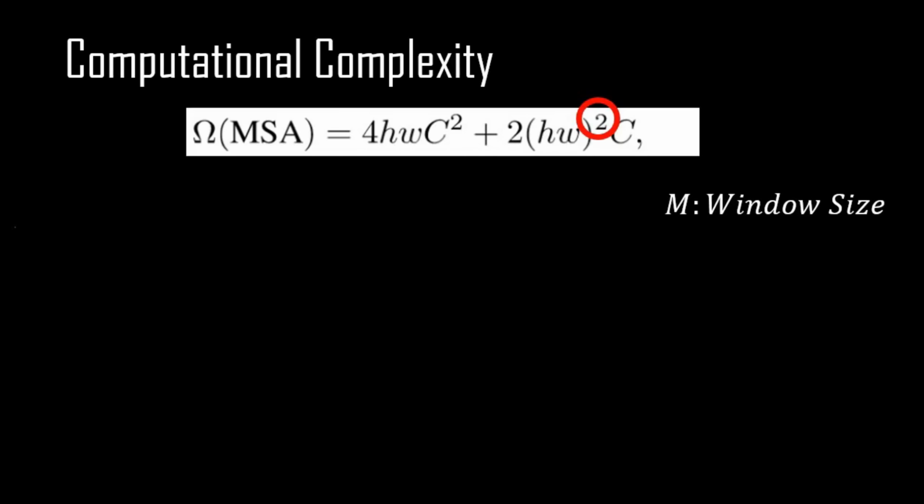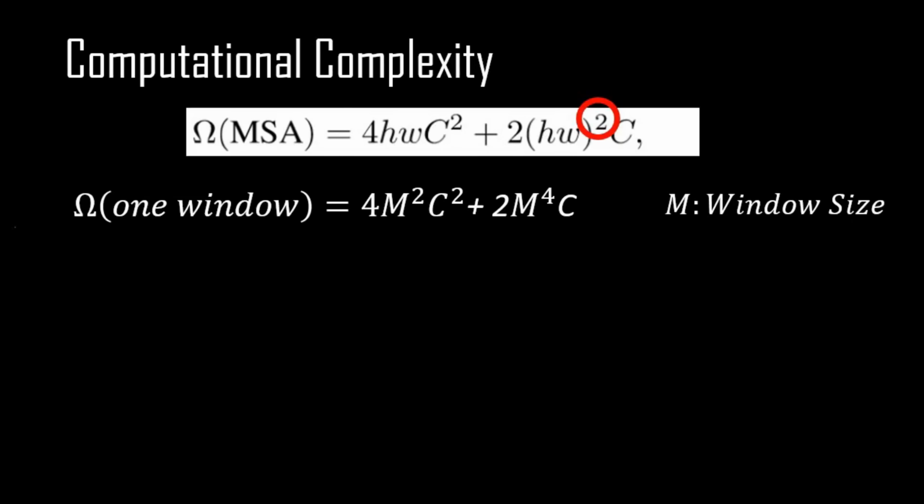In our calculation, let's say our window size is M. For one window, H is M and W is M. So for example here, instead of HW, I'm going to put M to the power of 2. Here HW to the power of 2 is going to be M to the power of 4. So this is the time complexity of one single window.